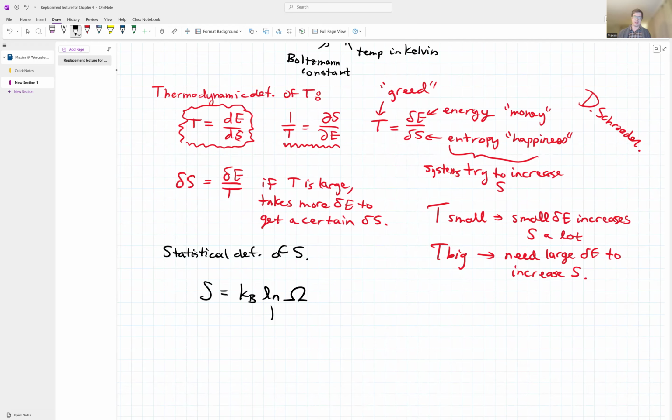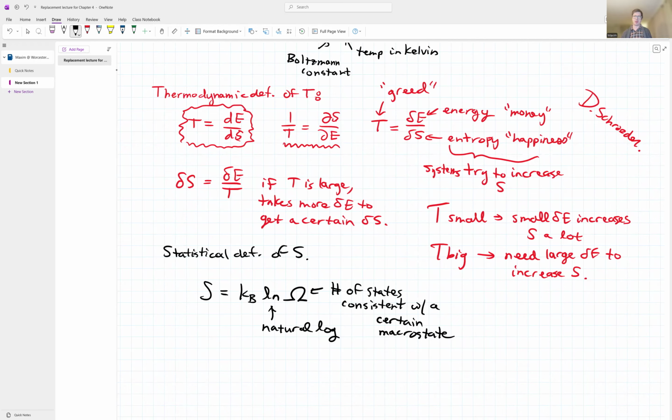This is a natural log, so it's the inverse of the exponential function. And this thing is a number. It's a number of states consistent with a certain macro state.